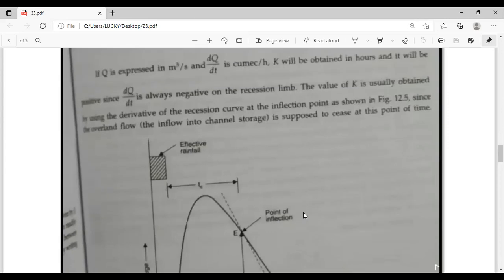The value of K is usually obtained by using the derivative of the recession curve at the inflection point, as shown in this figure, since the overland flow, the inflow into channel storage, is supposed to cease at this point in time.